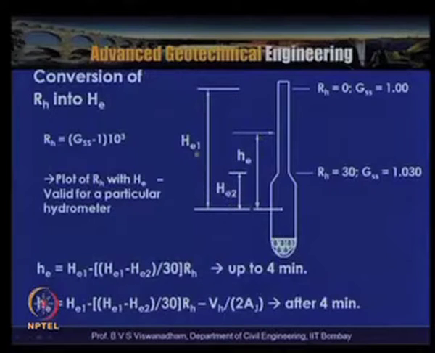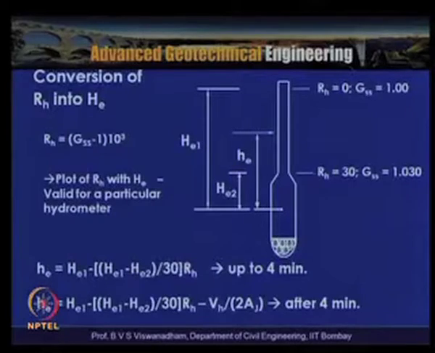These readings, HE1 and HE2, are unique for the hydrometer, so they need to be calibrated, and they vary linearly with these readings. The conversion of RH into HE is done like this, where RH is equal to GSS minus 1 into 1000. So, the plot of RH with HE is valid for a particular hydrometer.